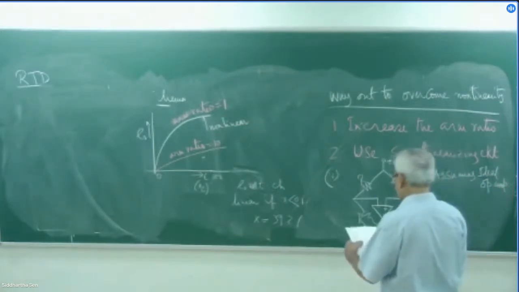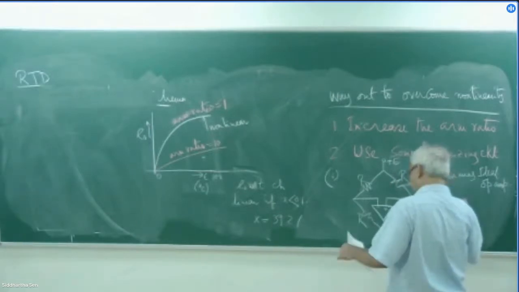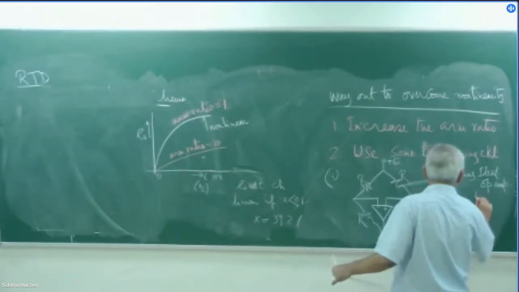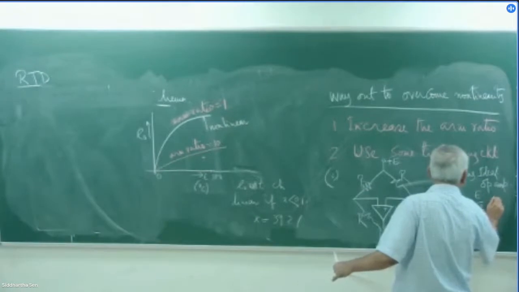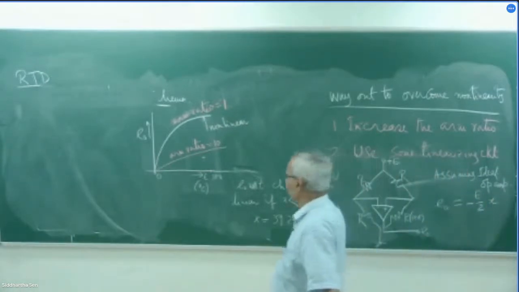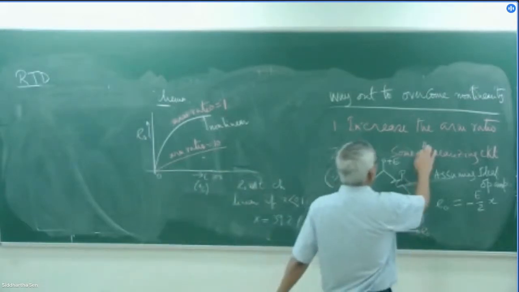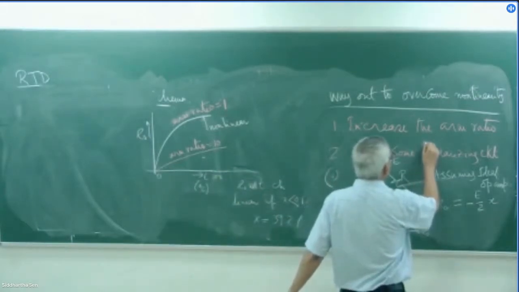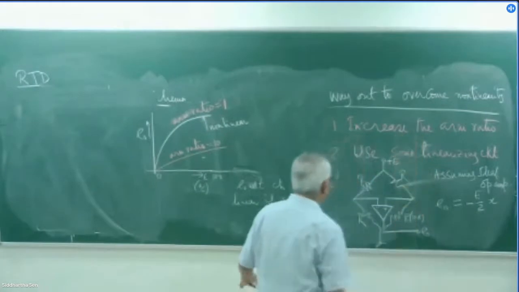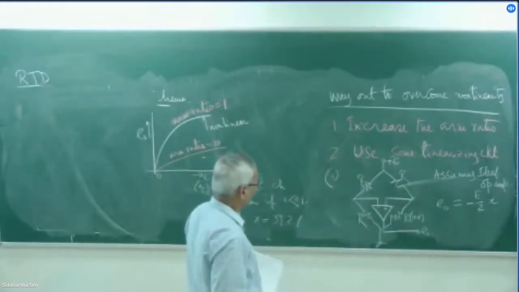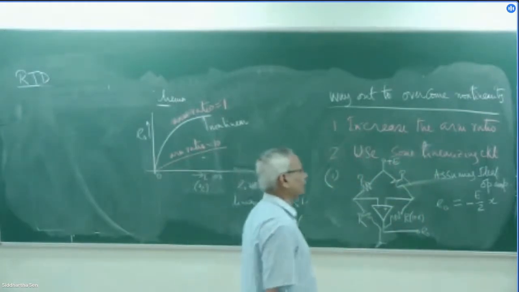We can say that this is equal to, we have already got it, minus E by 2 into X. So this is one thing: we make a linearizing circuit using some sort of op-amp.